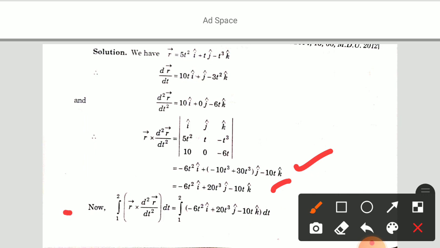And now the integration of r cross d square r by dt square dt, with limits from 1 to 2, is equal to the integration of minus 6t square i plus 20t cube j minus 10t k, from 1 to 2.